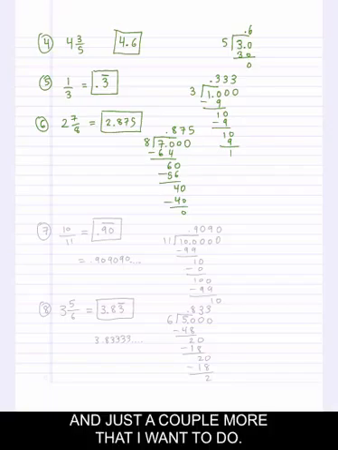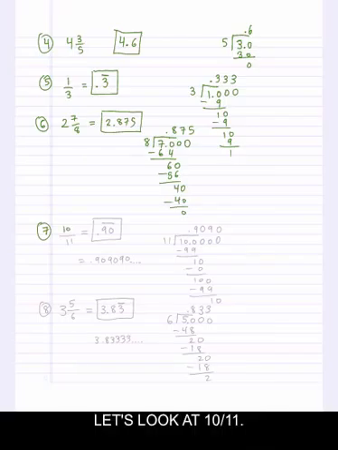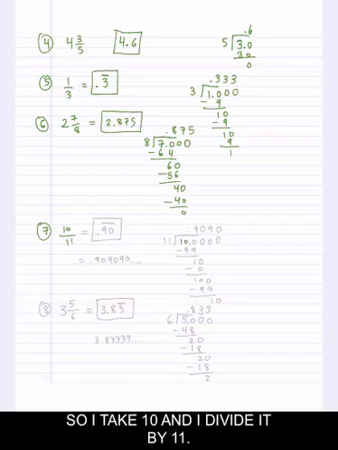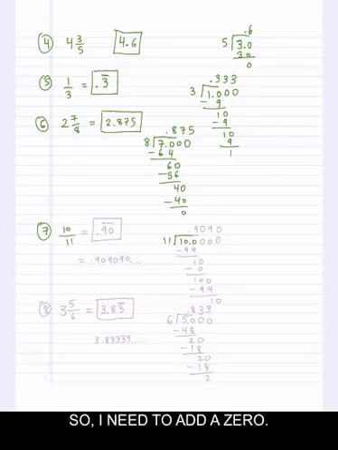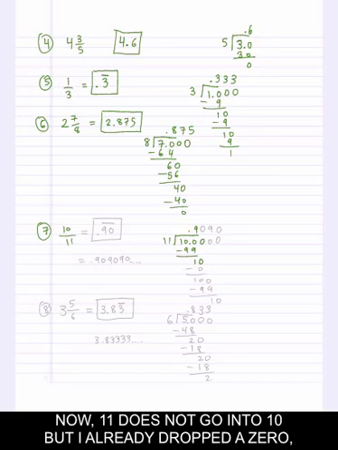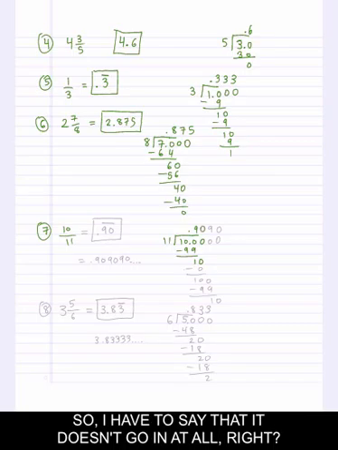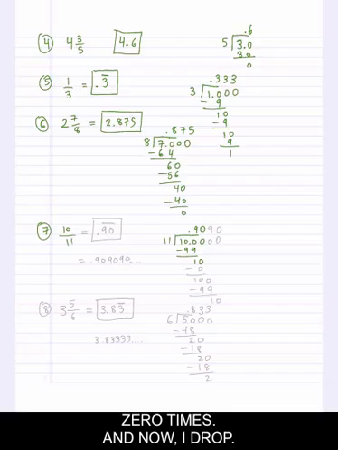I have just a couple more that I want to do. Let's look at 10/11. So I take 10 and I divide it by 11. 11 doesn't go into 10, so I need to add a 0. We have 9. 9 times 11 is 99. Subtract, we get 1. Add a 0 and drop it. Now 11 does not go into 10, but I already dropped a 0, so I have to say that it doesn't go in at all, right? 0 times. And now I drop.